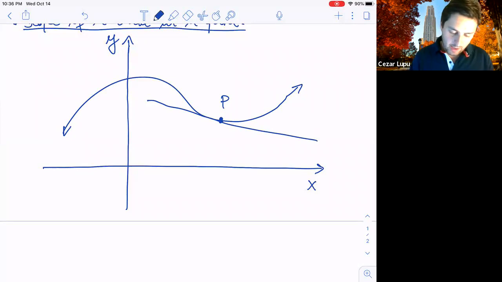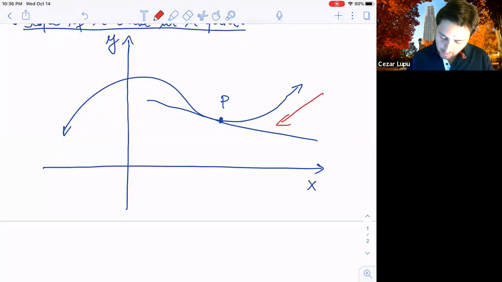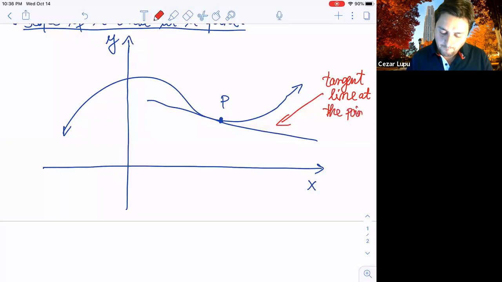So we say that this is a tangent line at the point P, right? As you can see, it's tangent to that curve at this point.